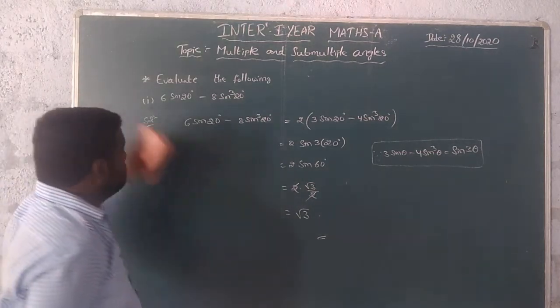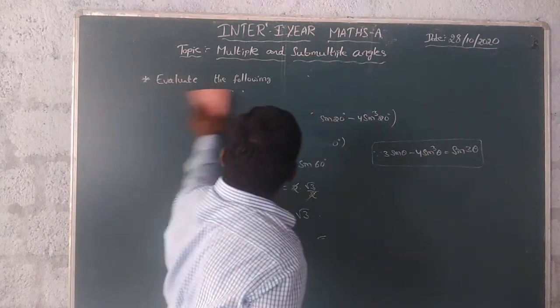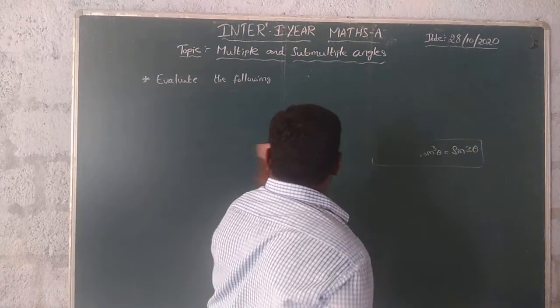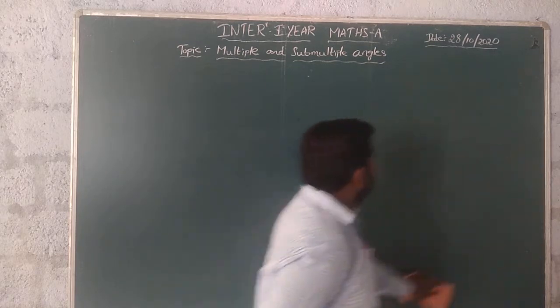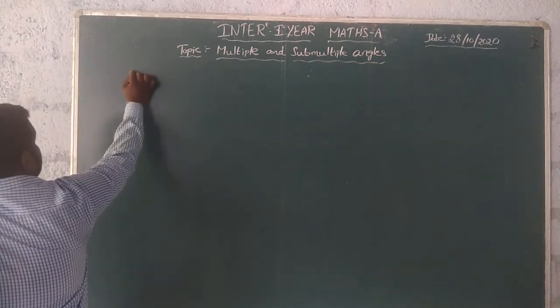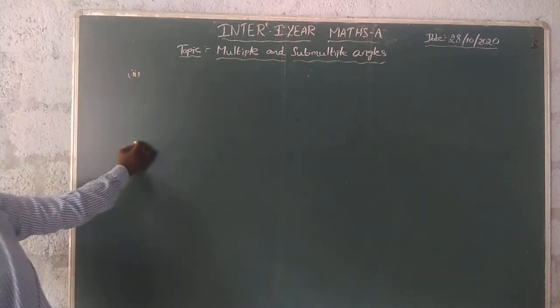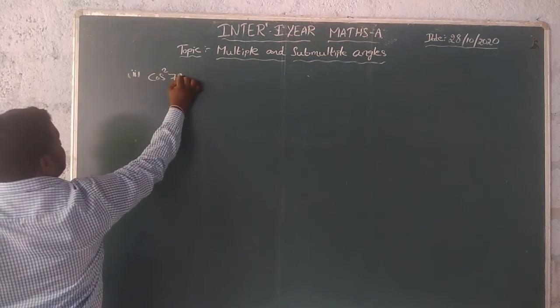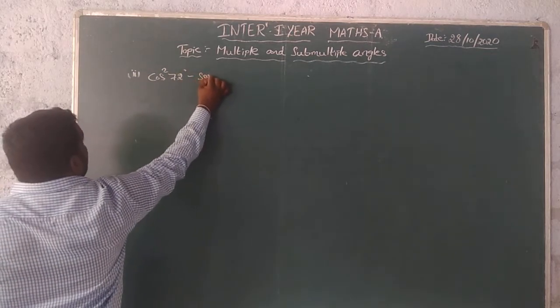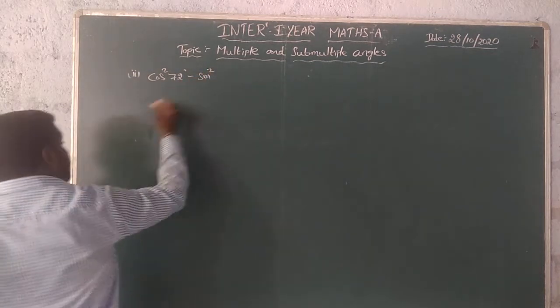Completed. Okay, that is the next one, second one: cos square 72 degrees minus sin square 54 degrees.